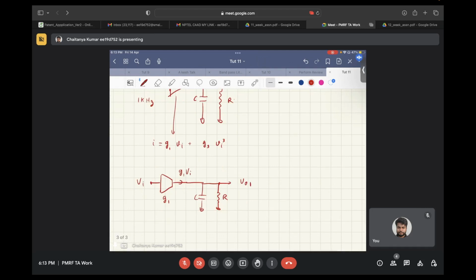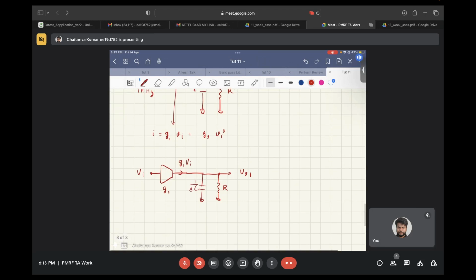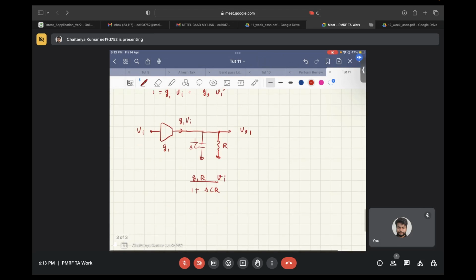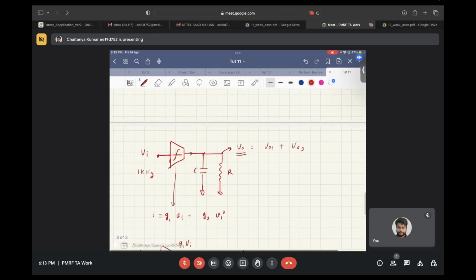What is this? 1 by SC, and both are parallel, so we get R upon 1 plus SCR, into G1 Vi. That is V01, correct?